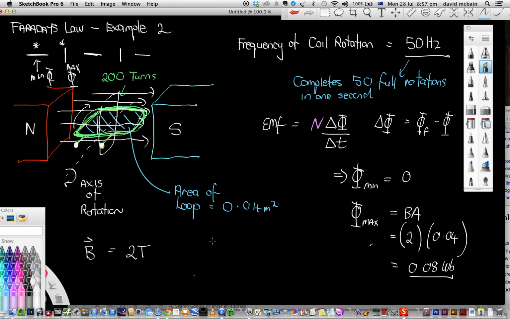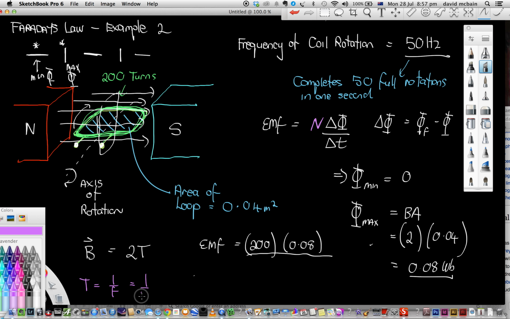So we now know that the EMF is going to equal 200 times the change in flux, which is going to be 0.08 Webers, divided by the time taken. Well, what's the time taken? All we know is the frequency. But hang on, we also know that the period equals 1 over frequency.